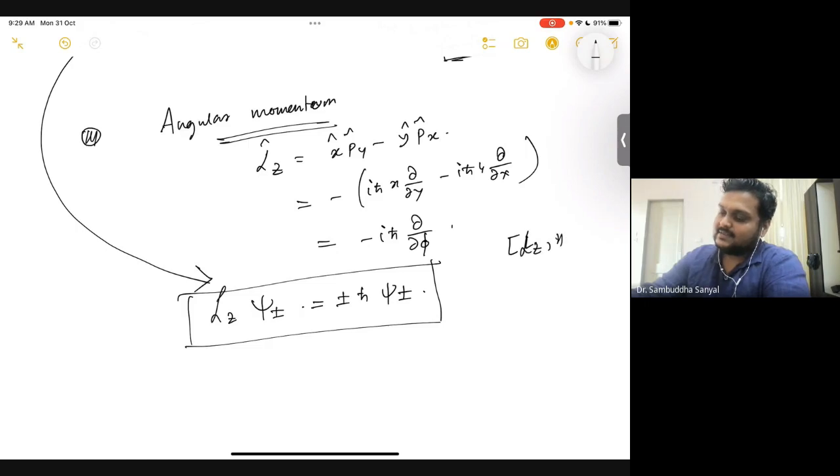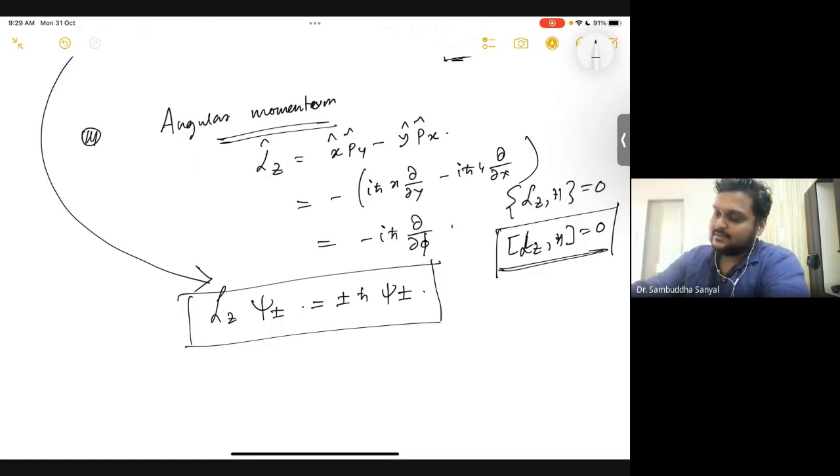Lz must be satisfying this, which I know because [Lz, H] must be 0, because I know this since ∂Lz/∂t is ∂Lz/∂t plus (1/iħ)[Lz, H]. Now I know Noether's theorem. This is a conserved quantity, therefore this is 0. If this is 0, then this is 0, because this is nothing but 1 by iħ times this.